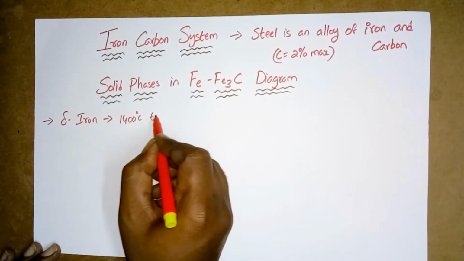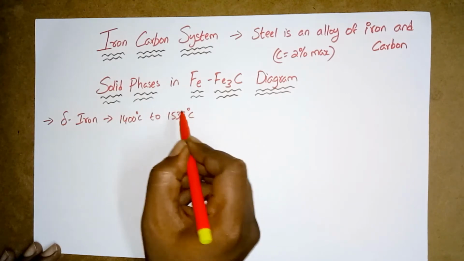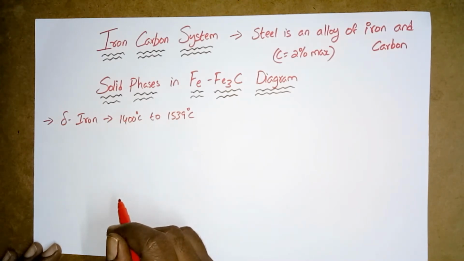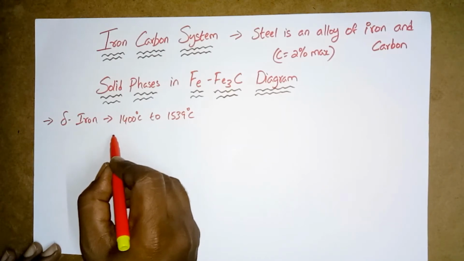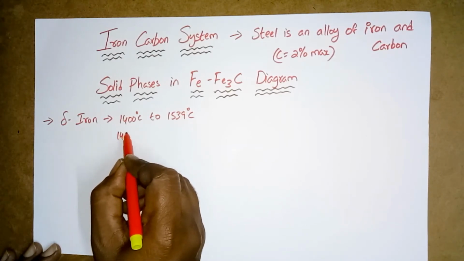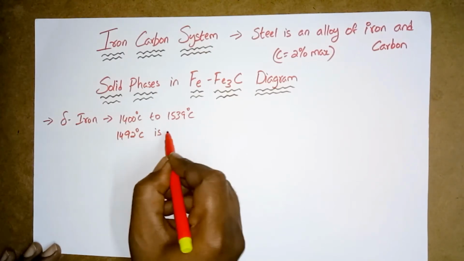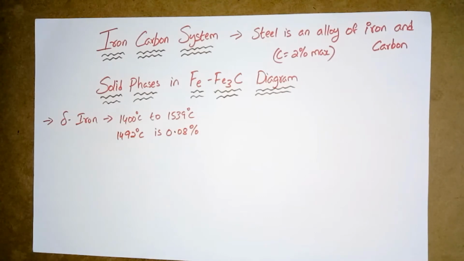The maximum solubility of carbon at 1492 degrees centigrade is 0.08%.